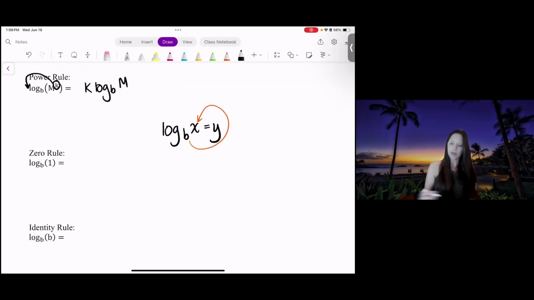And what that does is it helps me remember the way in which I write exponentials. That is, b is the base, to the y power equals x. So this is logarithmic form, and this is exponential form.